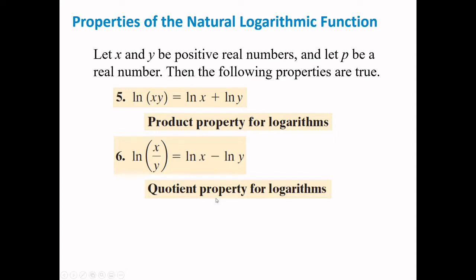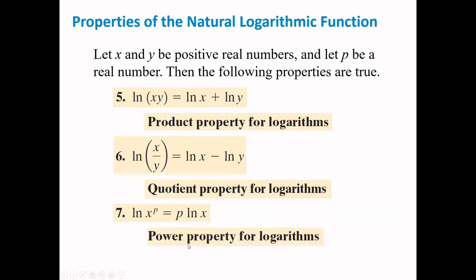The division property is here. If we have minuses, we're going to divide, with the denominator. Positives would be the numerator. Natural log of x to the p, you bring the p out front, and then you have p times the natural log of x, or natural log of whatever it is. That's the power property, where you bring this p out front, or if it's out front, you bring it back to the power.